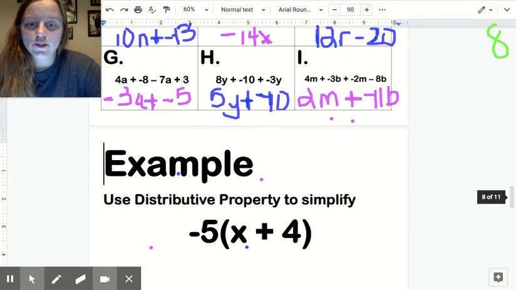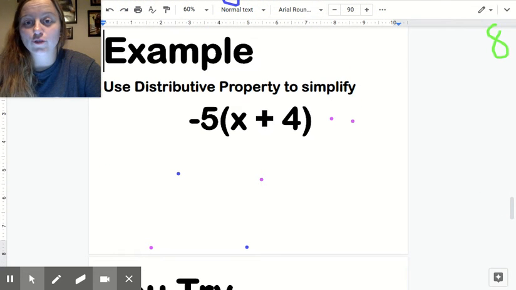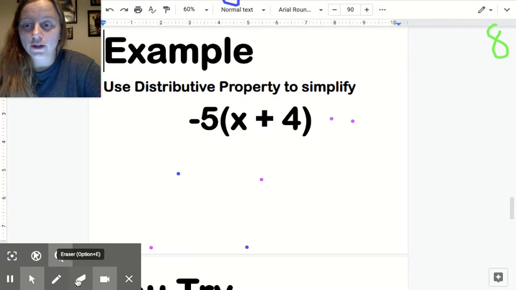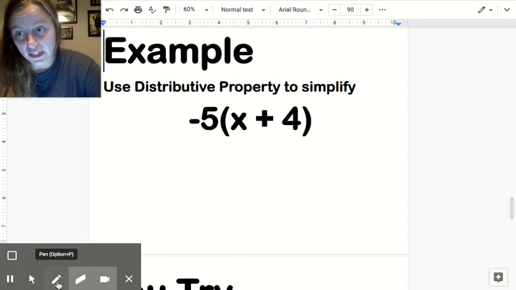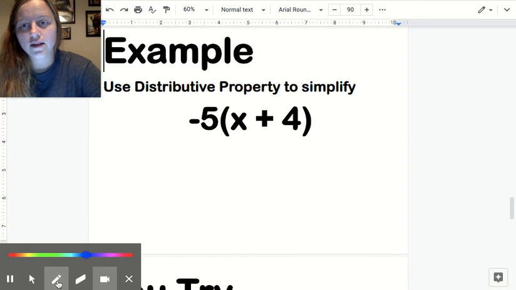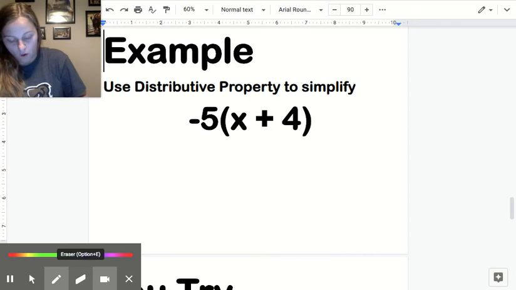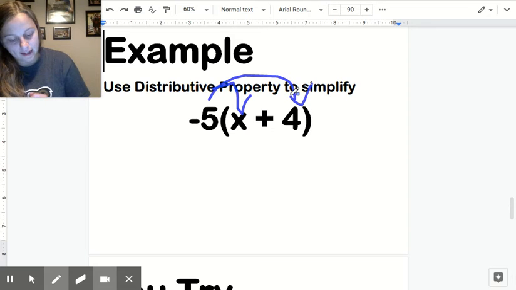All right, let's go ahead and look at another example. Now we're bringing in that distributive property that we learned about yesterday, or reviewed yesterday. We learned about it in 6th grade. This is saying negative 5 groups of x plus 4. So we want to distribute that negative 5 to the x and to the 4.